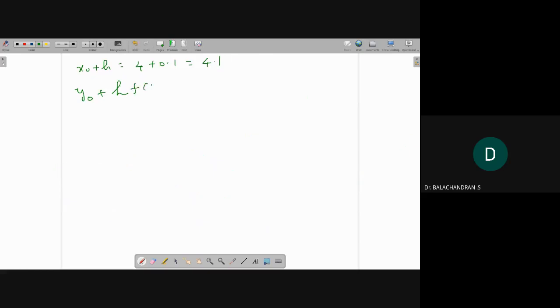So y0 is 1, plus 0.1 into f of 4 comma 1, which is 0.05. Simplify and tell. 1.005. Okay.